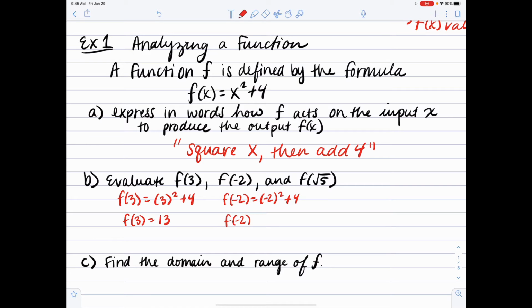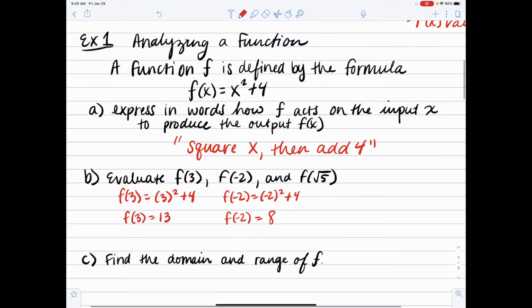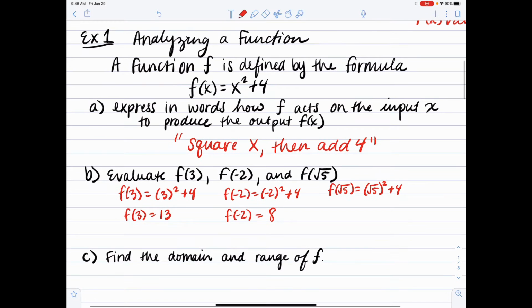So f at negative 2 equals 4 plus 4, which is 8. And then the last one, f of square root of 5 equals square root of 5 squared plus 4. Square root of 5 times square root of 5 is 5. So f of square root of 5 equals 5 plus 4, which is 9. Okay, so that's the answer there.